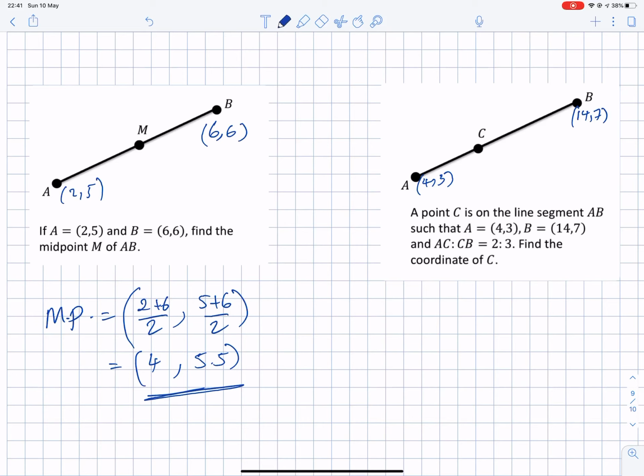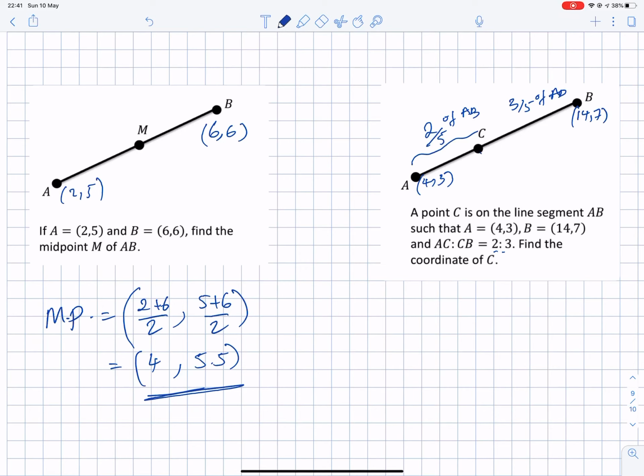So what that tells us is, if this line is divided into 5 lots, so 2 plus 3, this part AC is 2/5 of AB, and this one is 3/5 of AB.